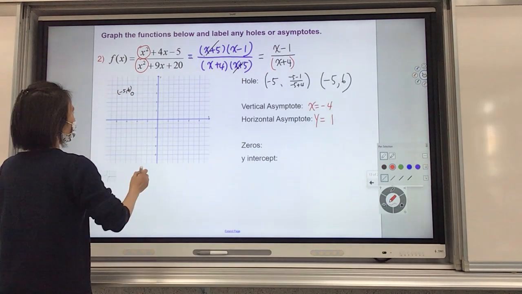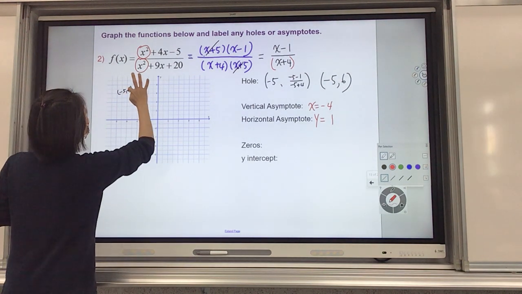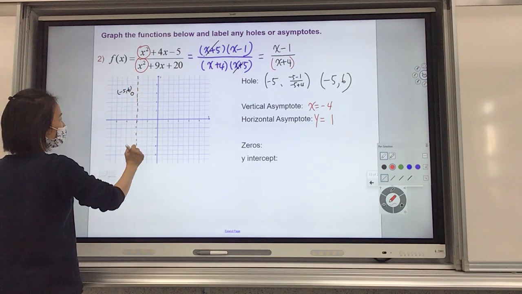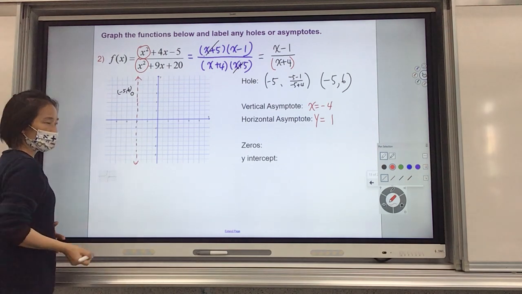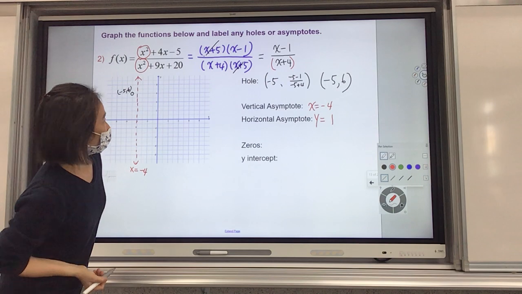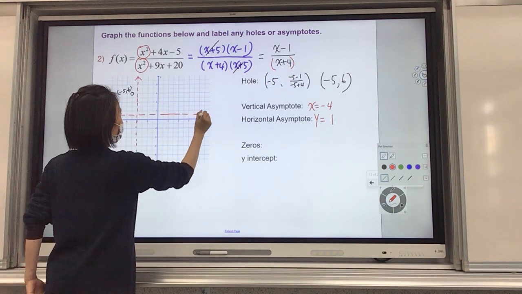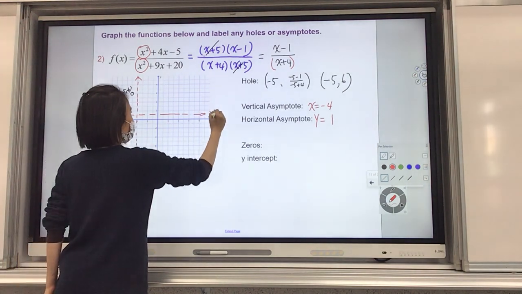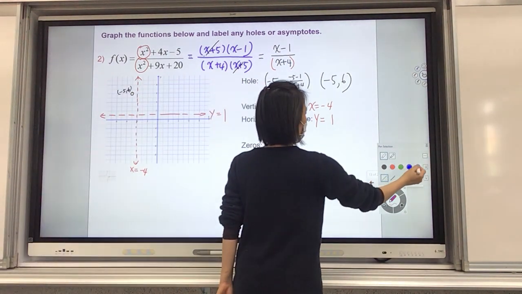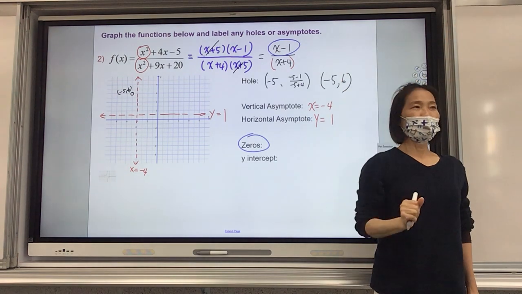Let's draw that. Remember to label your asymptote. X equals -4, y equals 1. Zeros. Zeros, we're going to set the top equal to 0.